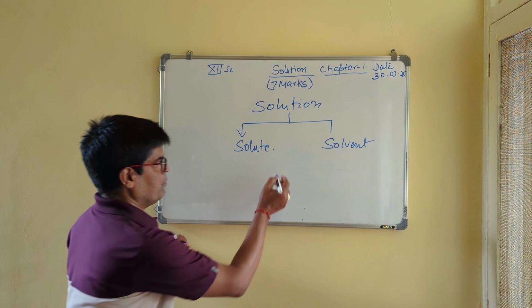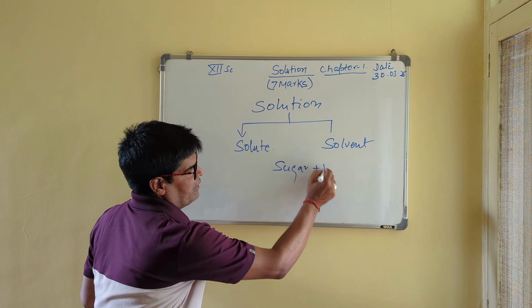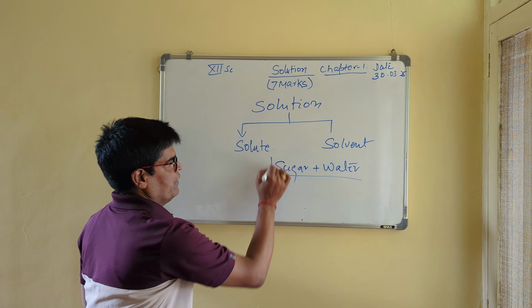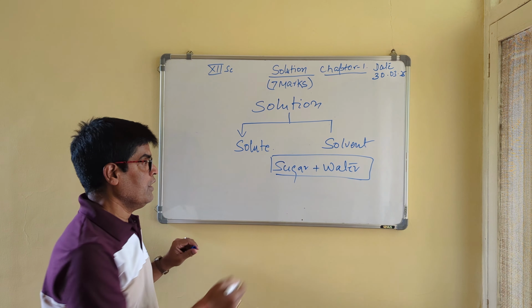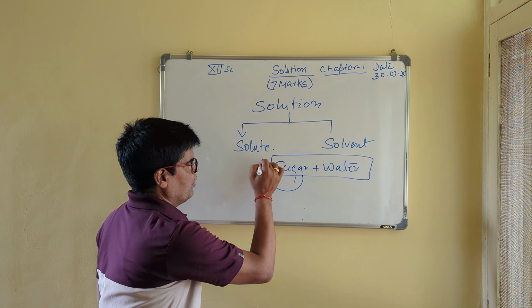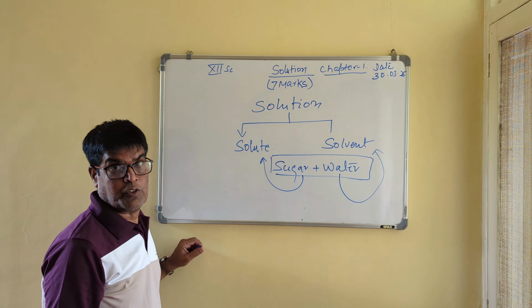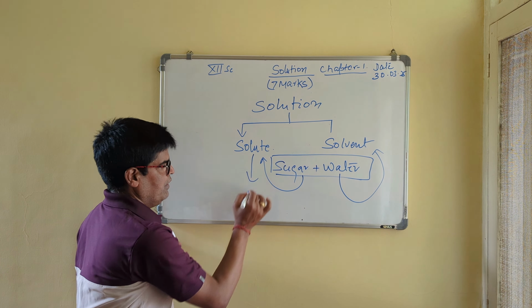For example, suppose you have a sugar and water solution. In this, the amount of sugar is less than water molecules, so sugar is called the solute, and water is called the solvent. Solute is always less in amount, and the solvent is always more in amount.